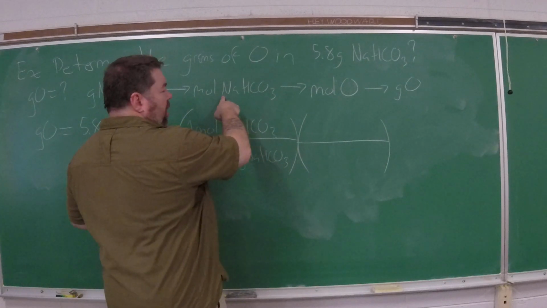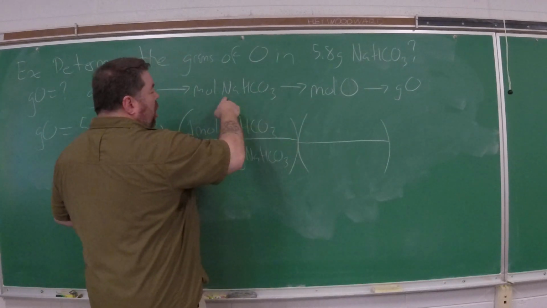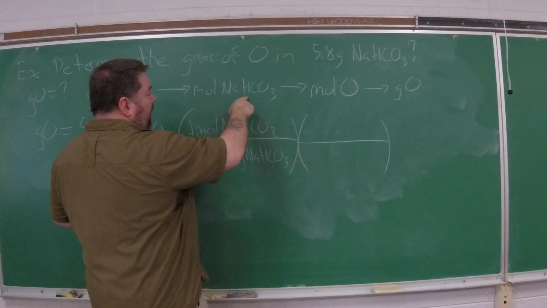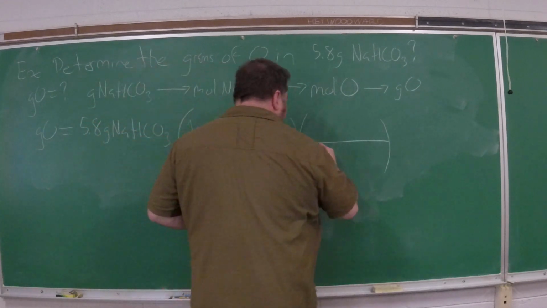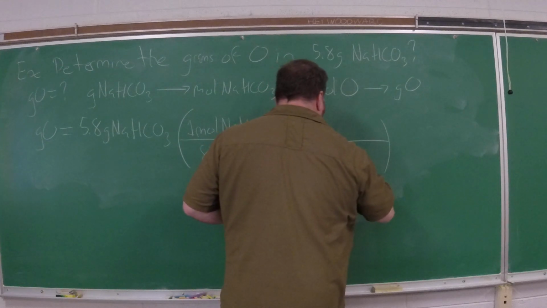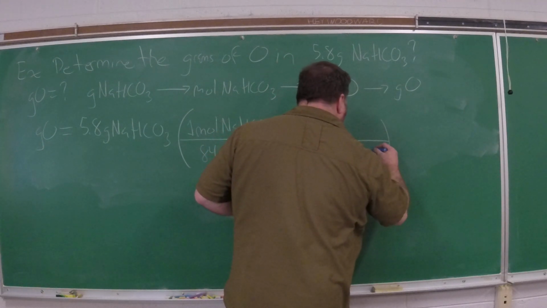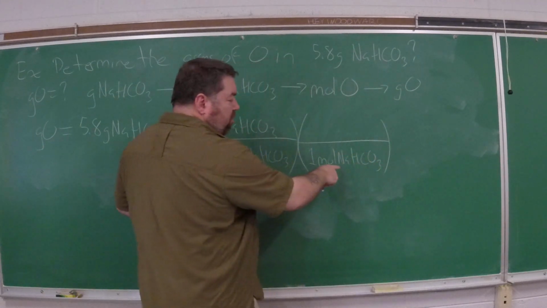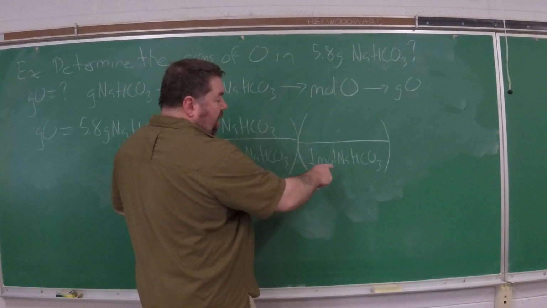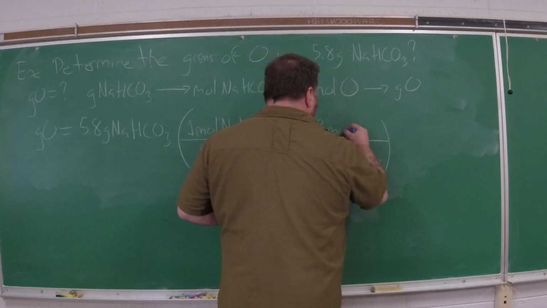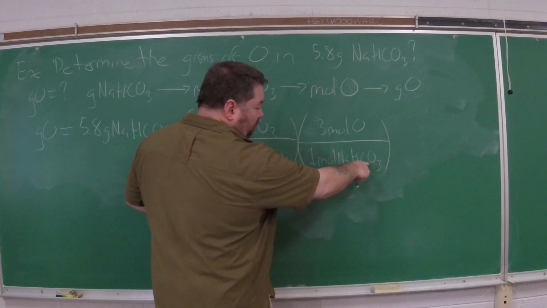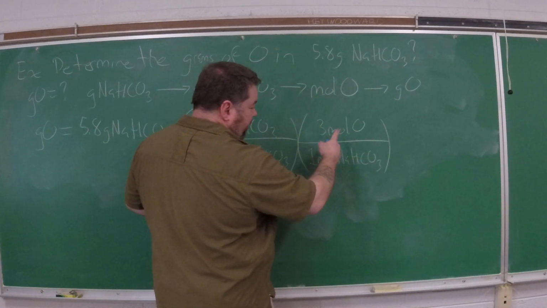So that means I'm here. Now I want to go to moles of oxygen. So again, I'm going to use the molar ratio in my chemical formula. Well, I want moles of sodium bicarbonate to cancel, so I put that down here. And then for every mole of sodium bicarbonate, how many moles of oxygen are there? There's 3, just using the chemical formula, 3 per 1. That's all.